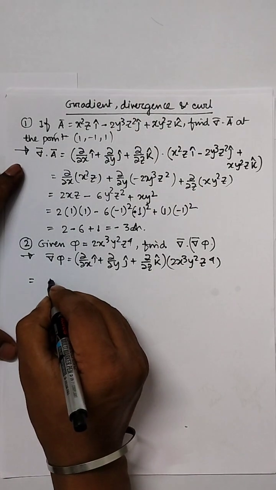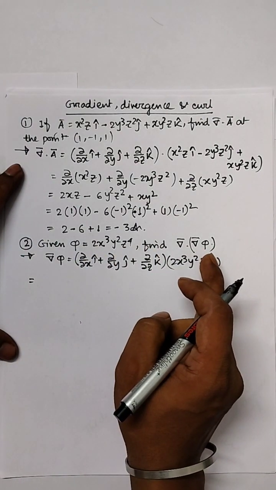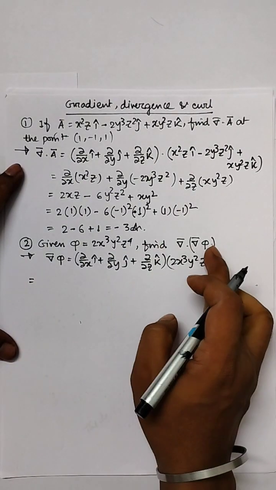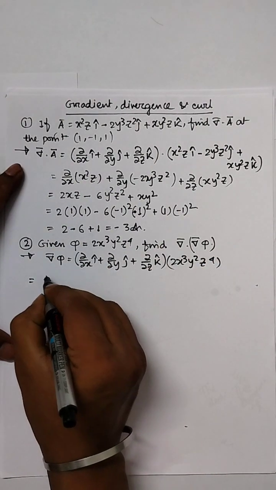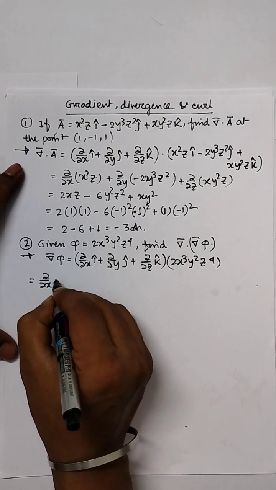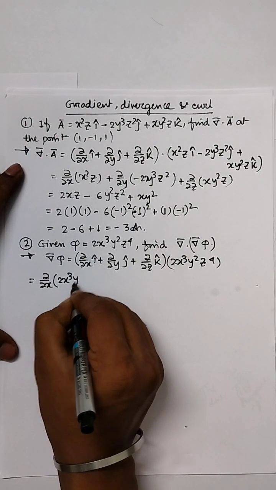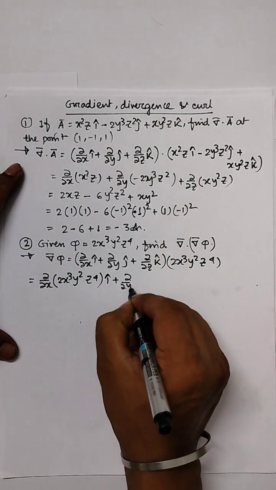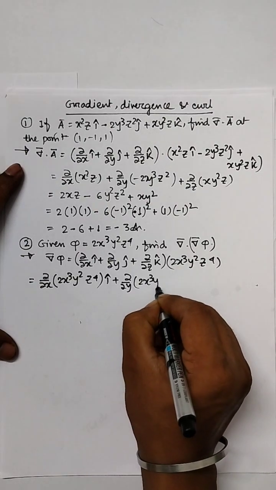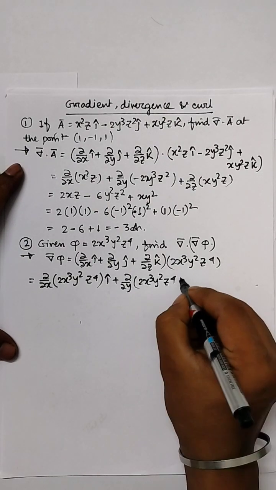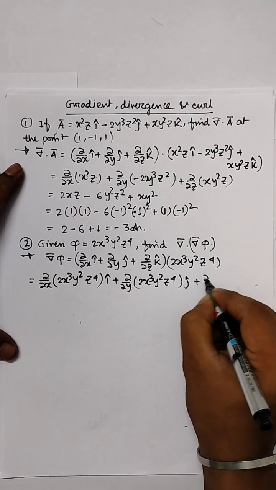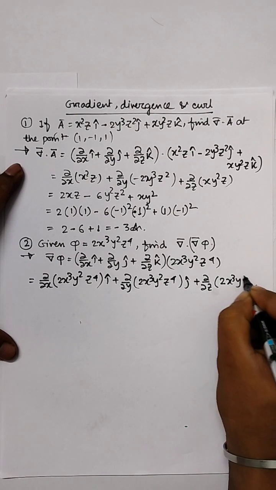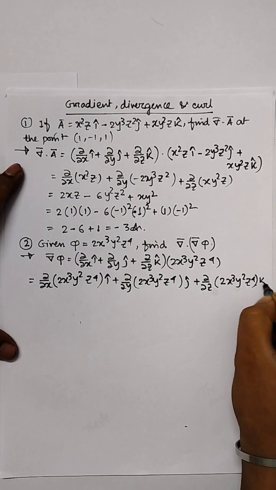Now when we take the divergence of a vector, we get a scalar quantity. When we take the gradient of a scalar, we get a vector quantity. That means del/del x of 2x cubed y squared z to the power 4 i, del/del y of 2x cubed y squared z to the power 4 j, del/del z of 2x cubed y squared z to the power 4 k.